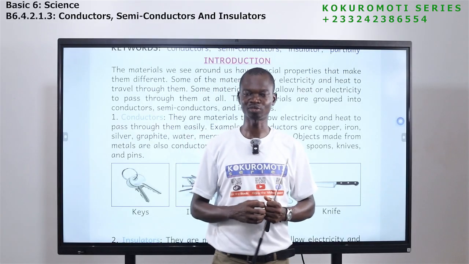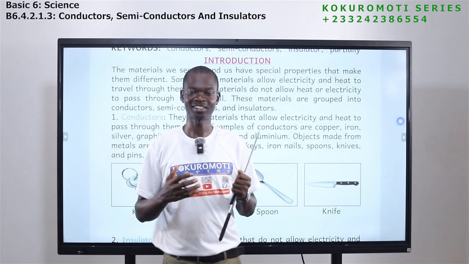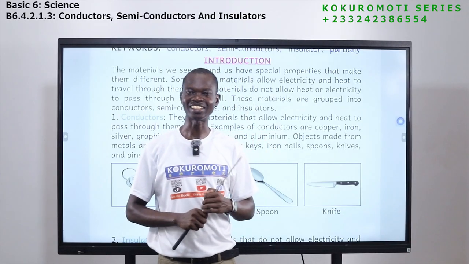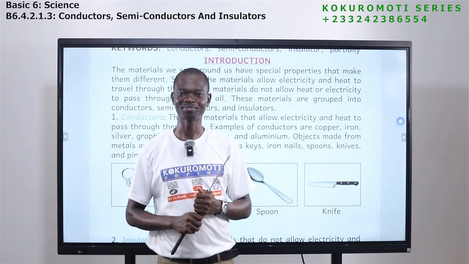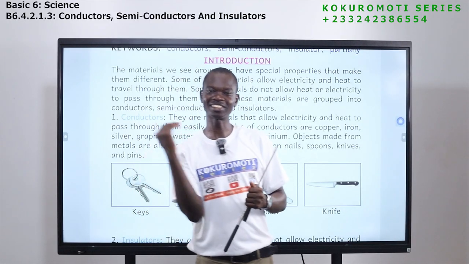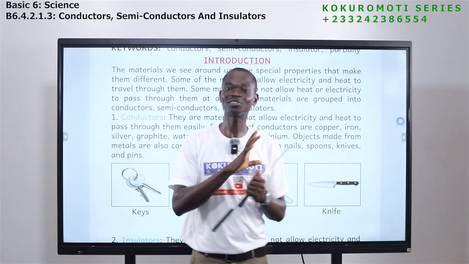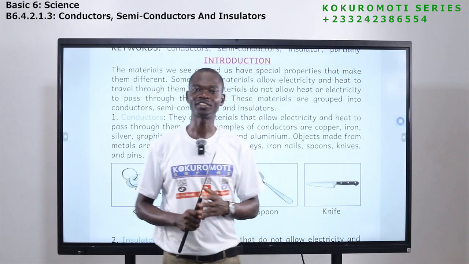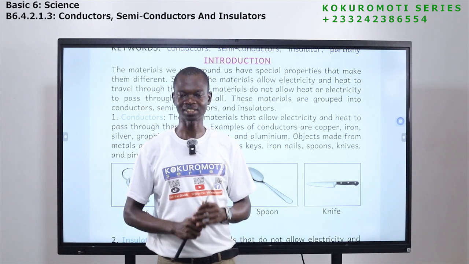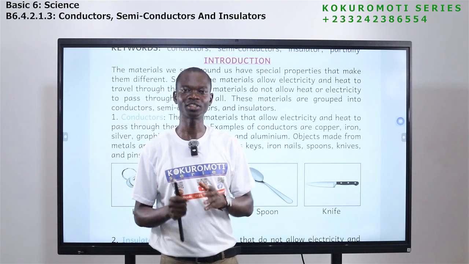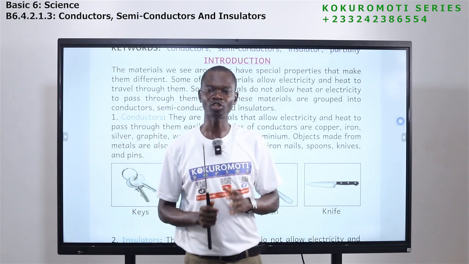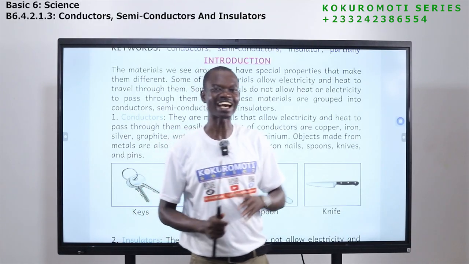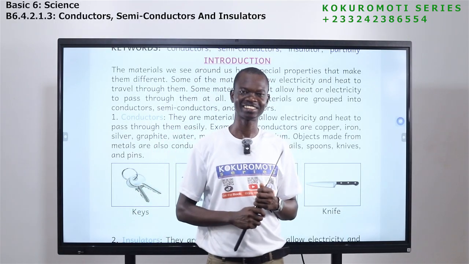Sometimes they allow heat to pass through them, sometimes they do not. Sometimes they allow electricity to pass through them, sometimes they do not. So these materials are called semiconductors. Electricity passes through them, but it is not as good as conductors, and it is not as poor as insulators.